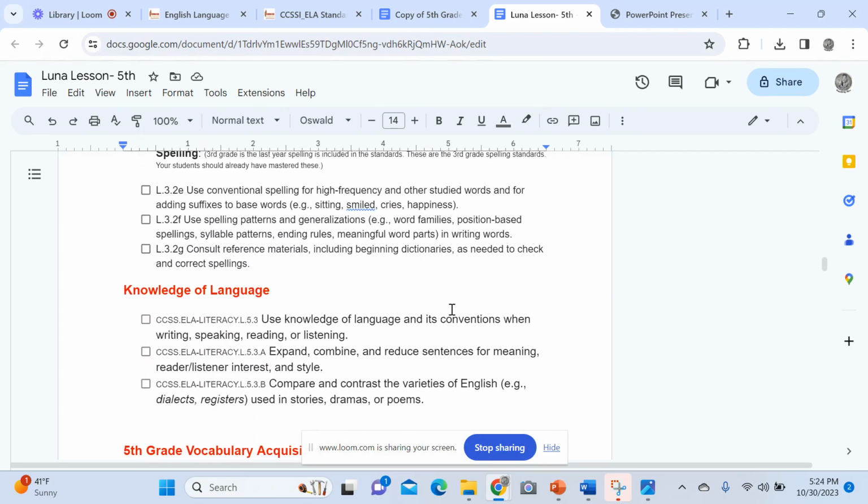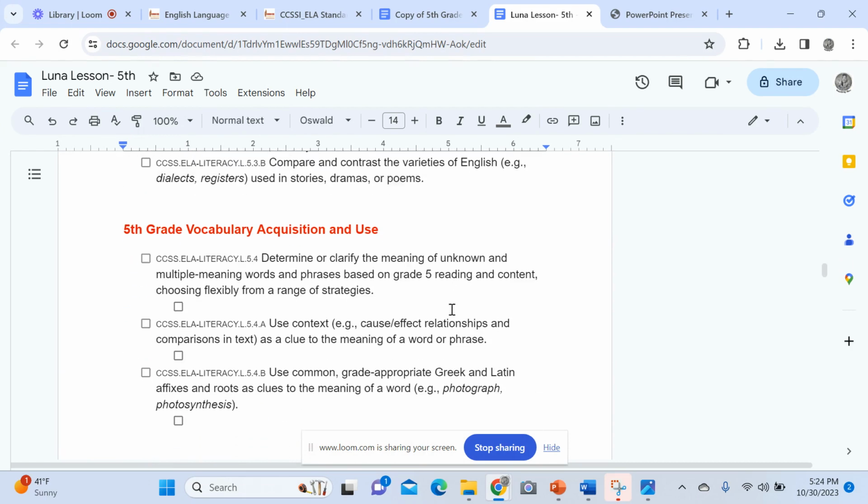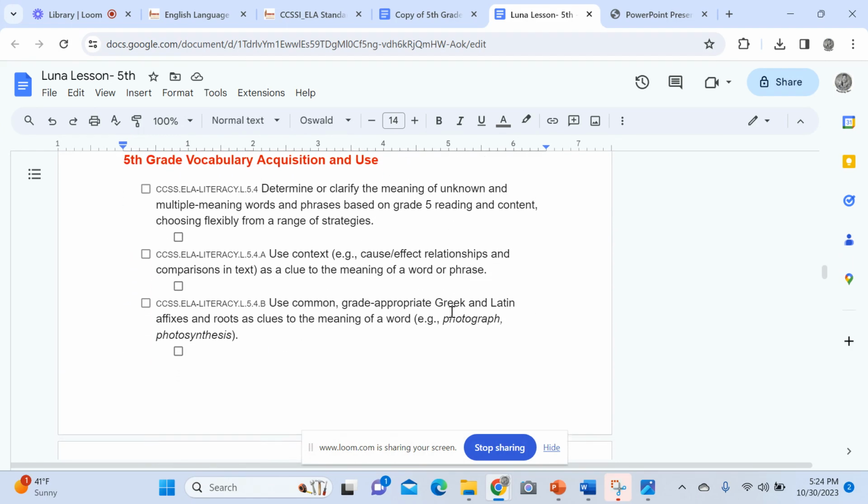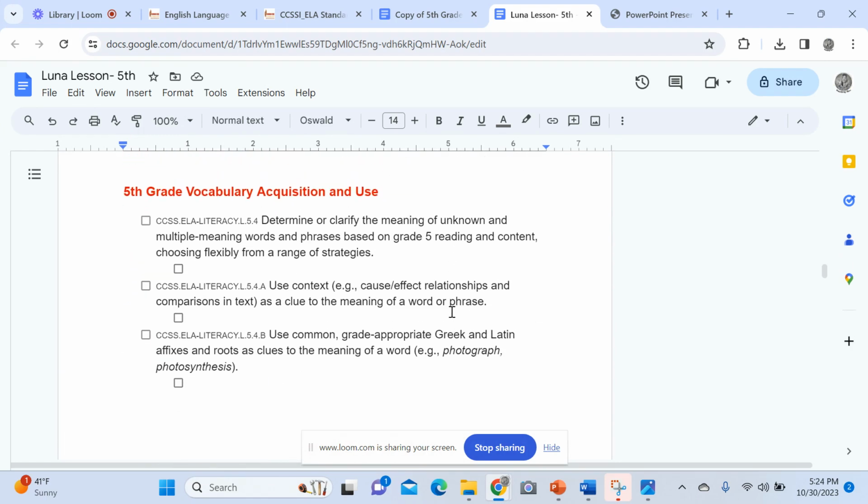For this, it's at the beginning of the year. I really want to focus on vocabulary acquisition and instruction at the beginning of the year. So I'm going to pick an anchor standard that I'm going to focus on and explicitly teach.